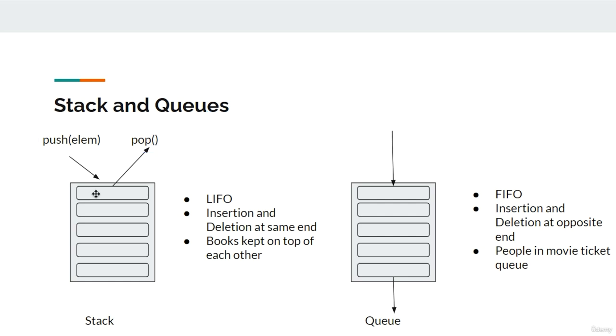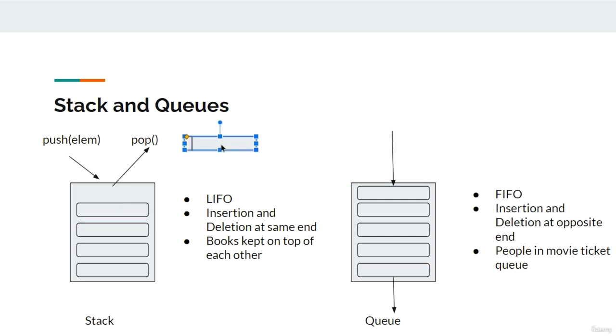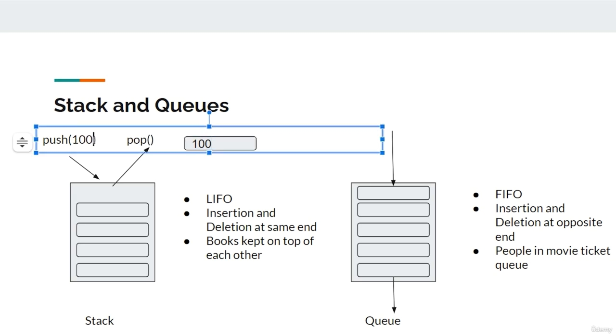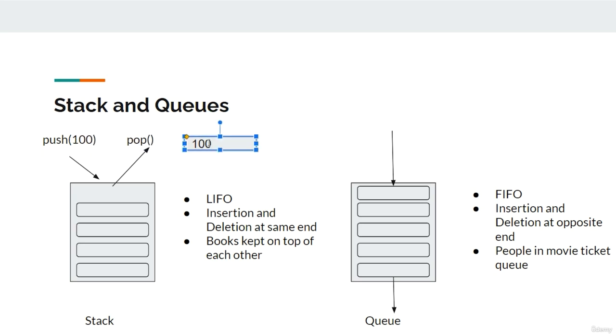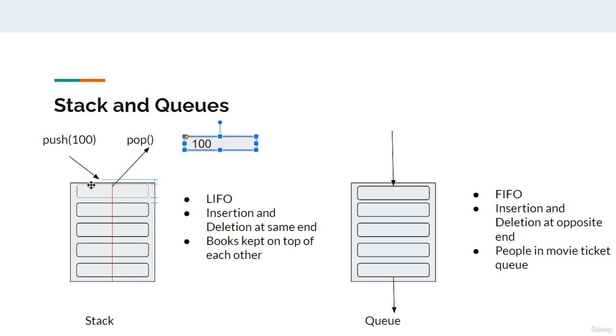For example, if I call the push operation and I want to add, let's say, 100 to the stack, I will call push 100, and this 100 element will be added to the stack at the top.